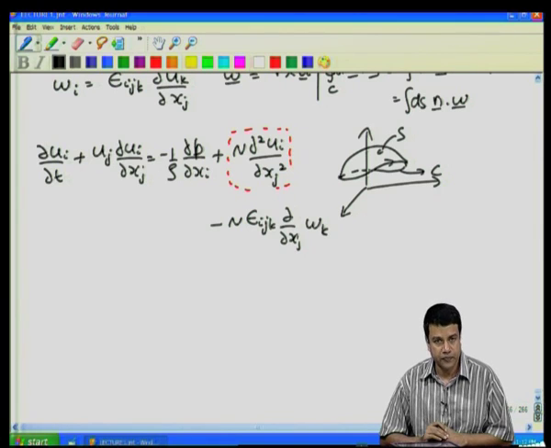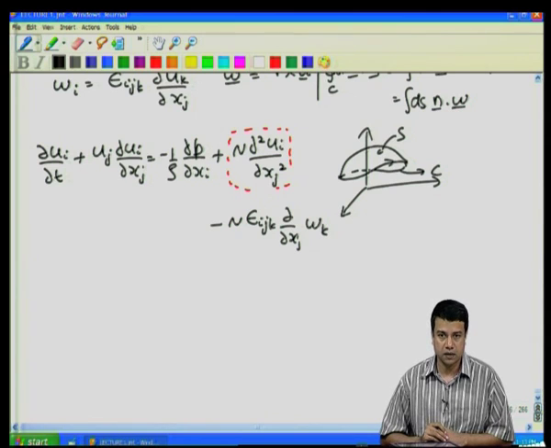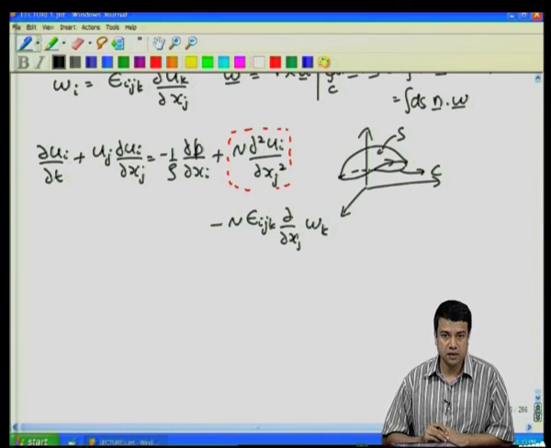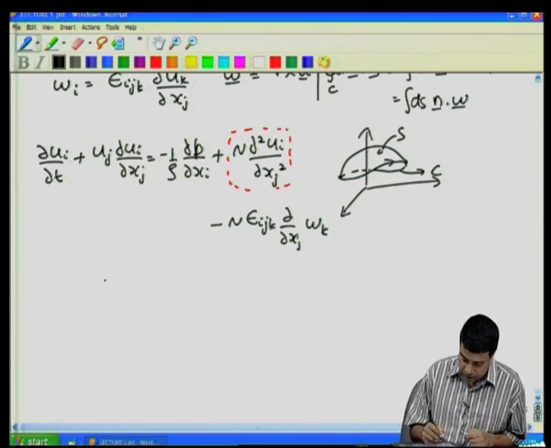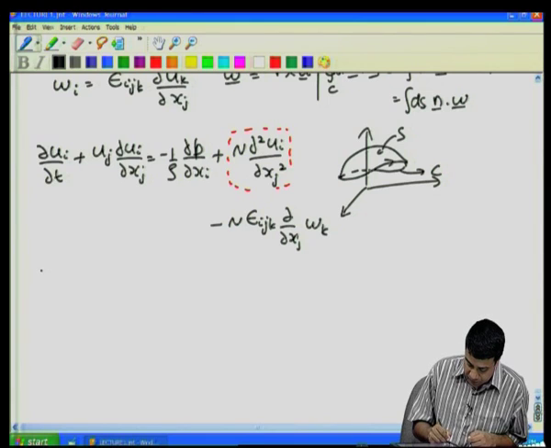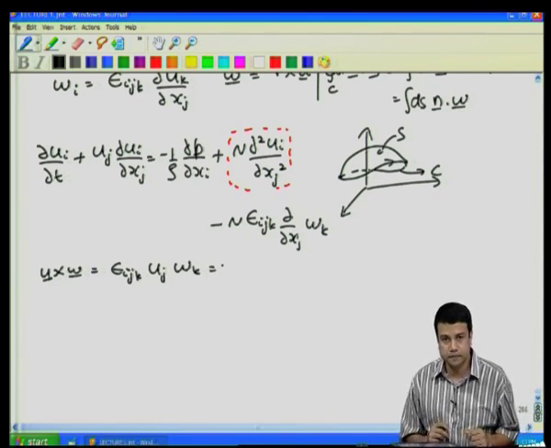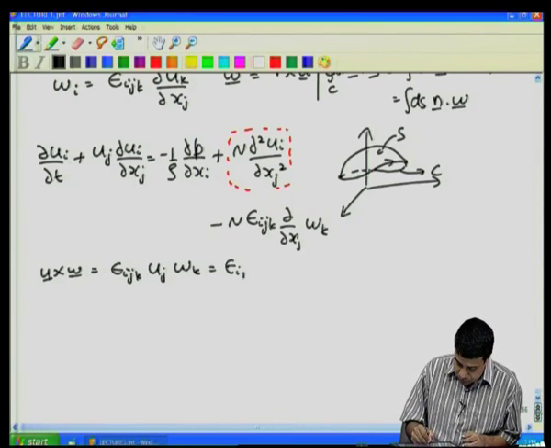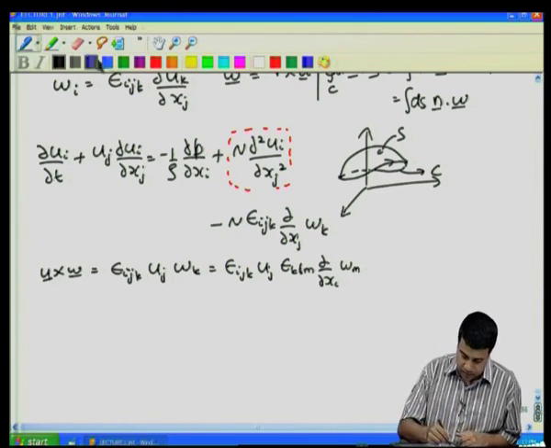Okay, plus. I can also write this u_j partial u_i by partial x_j in terms of the vorticity. Okay. We had done that previously when we derived the potential flow equations. We will just do it here quickly. If I take u cross omega, u cross omega is equal to epsilon ijk u_j omega_k. Okay. u_m, I am sorry.